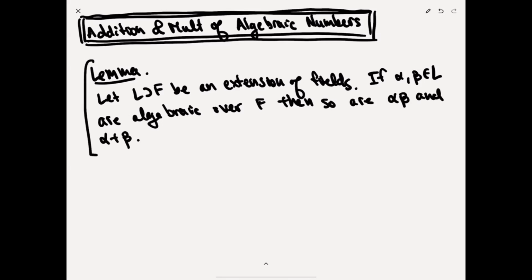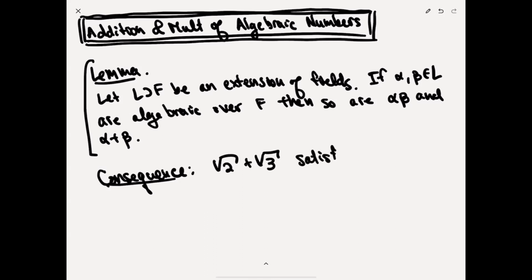So as a consequence of this, things like the square root of 2 plus the square root of 3 satisfy some polynomial equation with coefficients in Q.